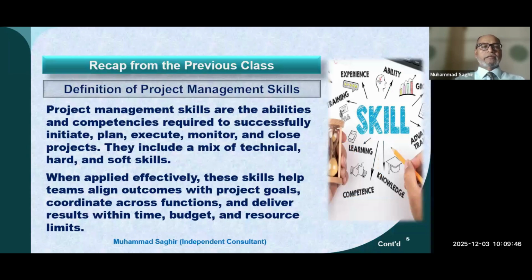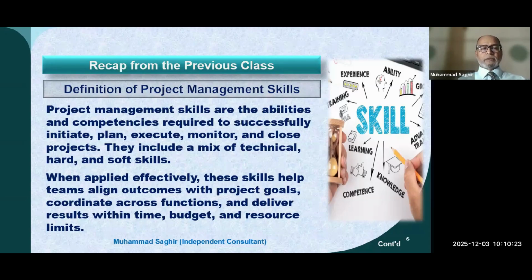So I will start just to recap from previous classes because this is part 3 and we had part 1 and part 2. So I'll start with the definition of project management skills so that it reminds us what is project management skills. Project management skills are the abilities and competencies required to successfully initiate, plan, execute, monitor, and close projects.